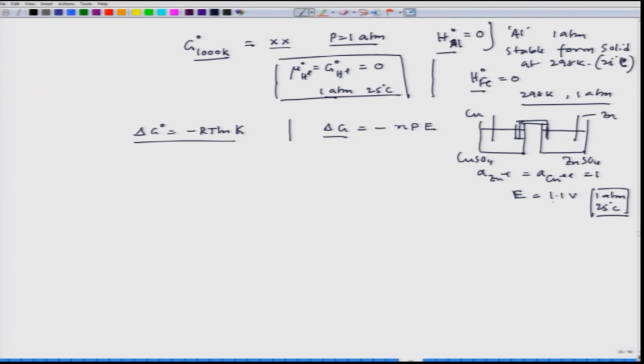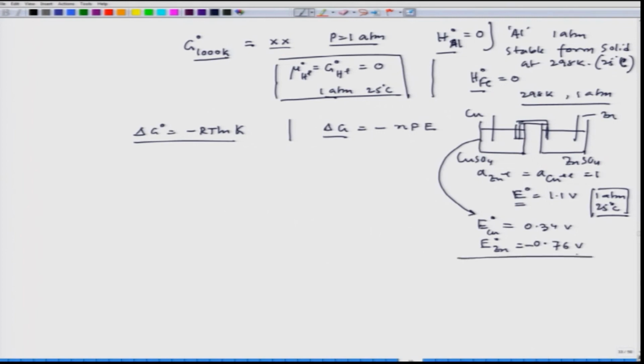Now, this is also a standard value. If we change the temperature, it will also be a standard value, but at a different temperature, with the pressure still 1 atmosphere. So, this standard value we can have separately for this particular cell: the copper side is plus 0.34 volt, and the zinc side is minus 0.76 volt.